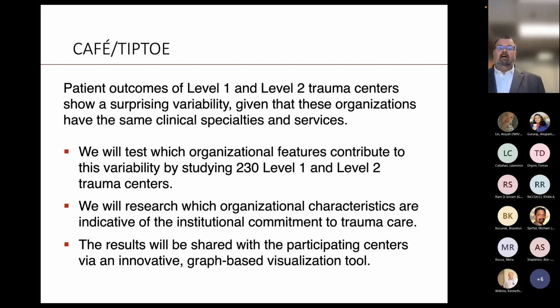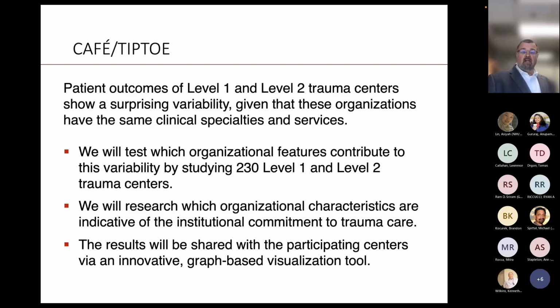We've rebranded it now as Tiptoe, and the goals of this are really to find out or give some pointers why patient outcomes in level 1 and level 2 trauma centers are surprisingly variable, given that those organizations have basically the same clinical specialties and services.